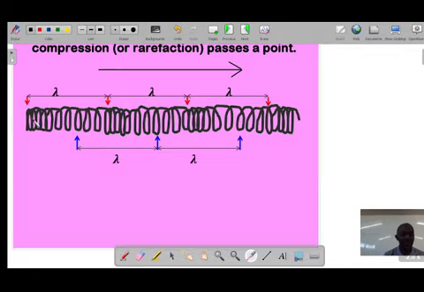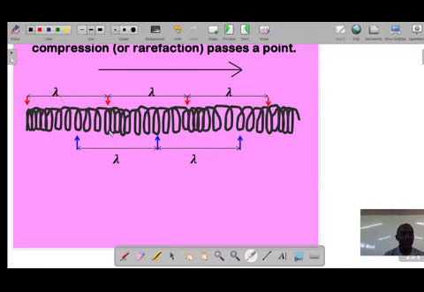Now look at the next compression region, it also starts from here. Now the distance from where one compression starts to where the next compression starts is called one wavelength. That's why there's lambda here. This lambda is a Greek letter which represents one wavelength.